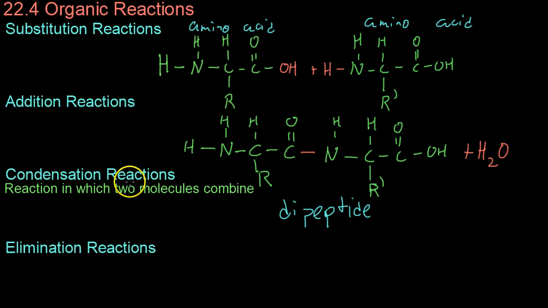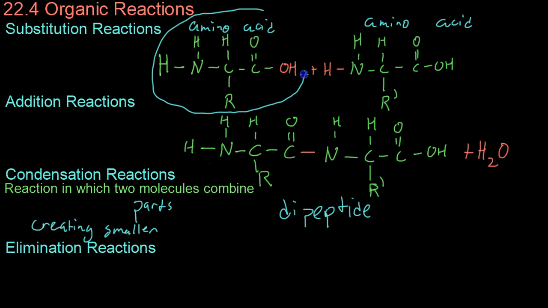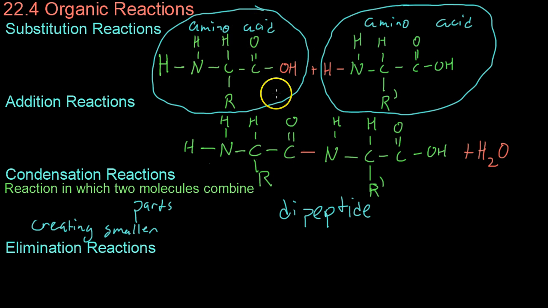Now the third reaction we're going to be looking at is what is known as a condensation reaction. This is basically a reaction in which two molecules or two parts of molecules combine, usually by creating some smaller molecule. So for example, if we look at these two amino acids right here, you'll notice that one has a carboxyl group over here, and the other has an amine group attached.